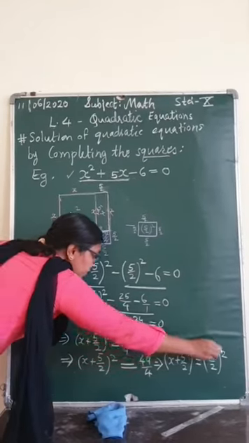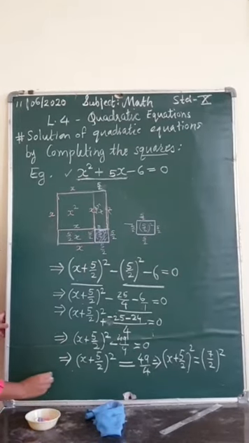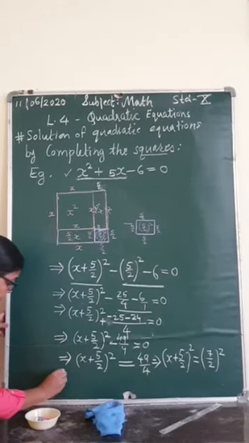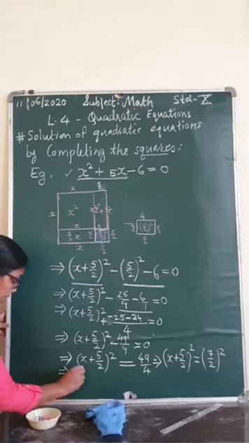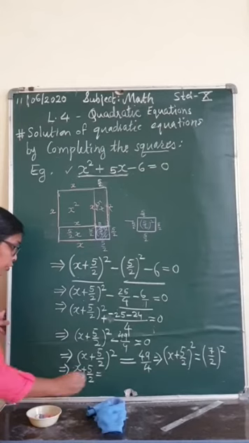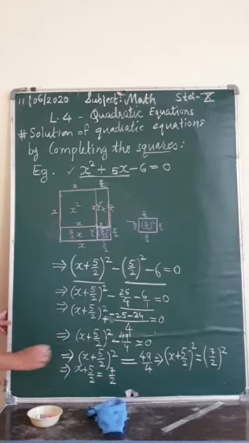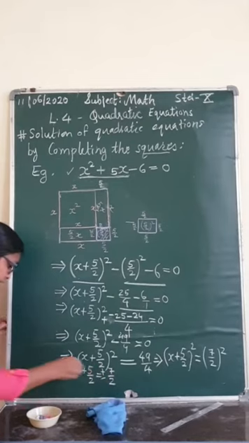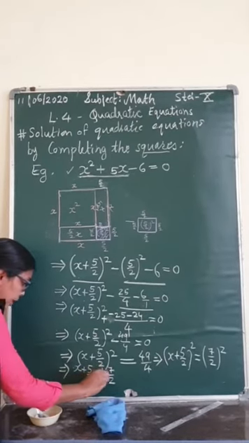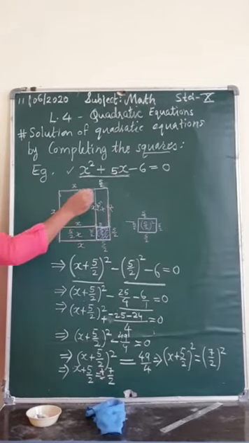Just removing the squares, we get x plus 5 upon 2 is equal to plus or minus 7 upon 2. How plus or minus 7 upon 2?